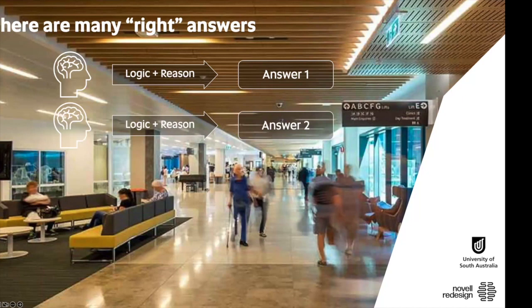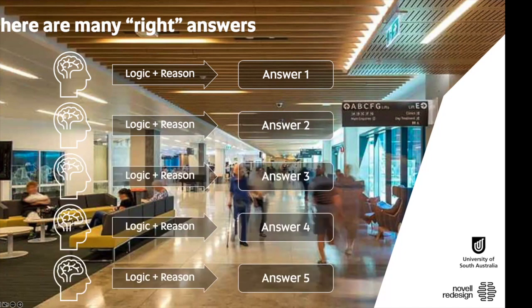But if you then go to a different person, they will apply their logic and their reason. So instead of going to the surgeon, now we've gone to the perioperative surgical nurse. They've applied logic and reason, and they've given you their answer. We go to a few more people. We go to a patient representative. They apply logic and reason, and they will give you an answer.